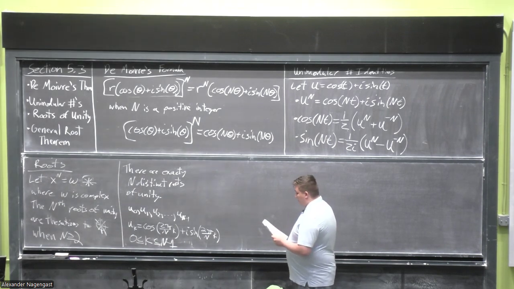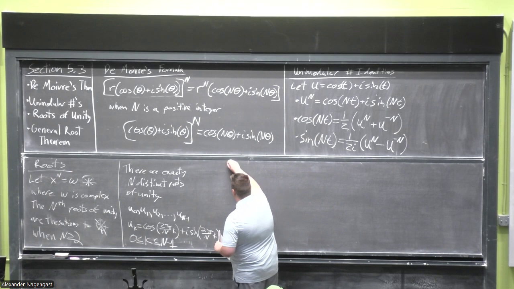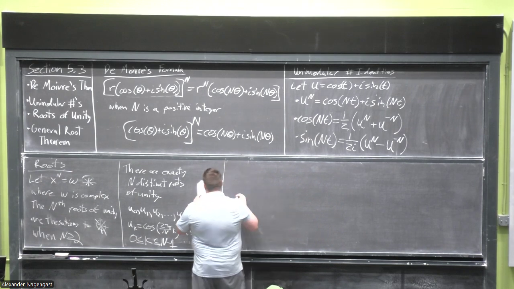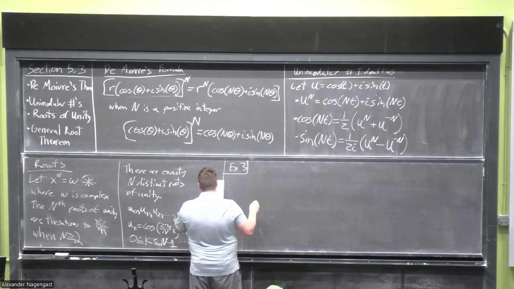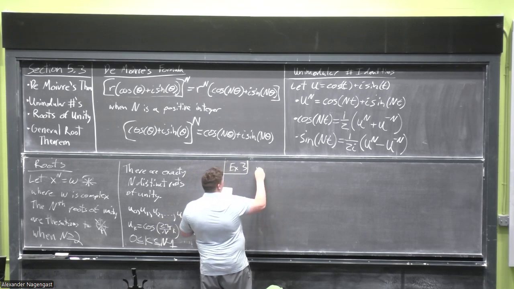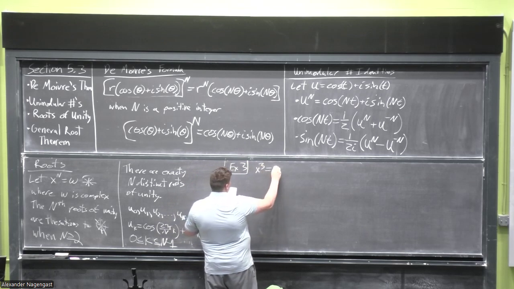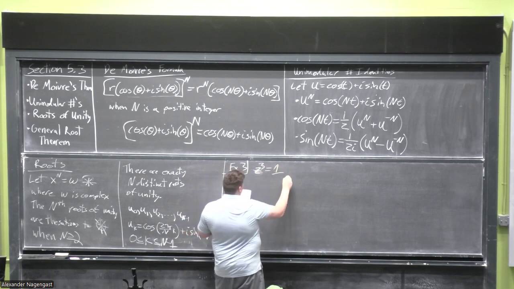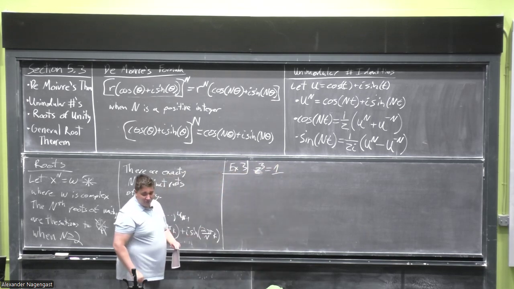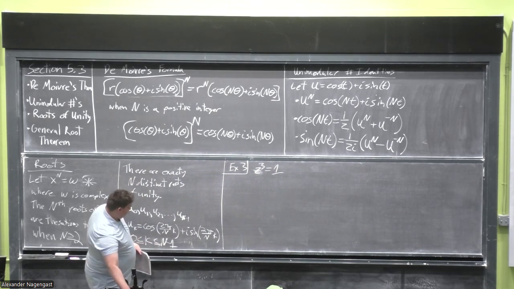So let's find the cubic roots of unity. Let's have x cubed is equal to, I'm going to rewrite this as z, z cubed is equal to 1. We want to find all the roots of unity.